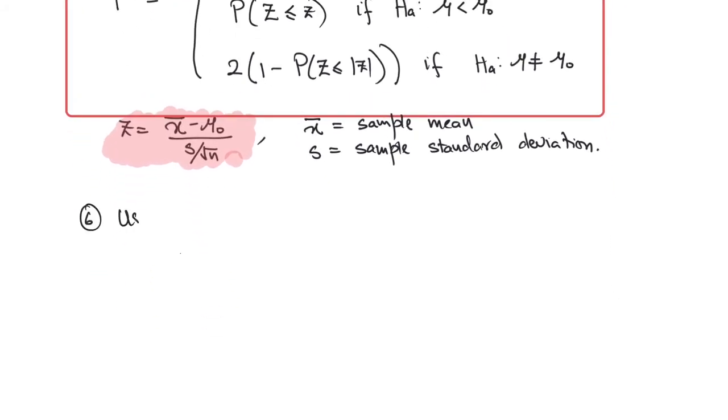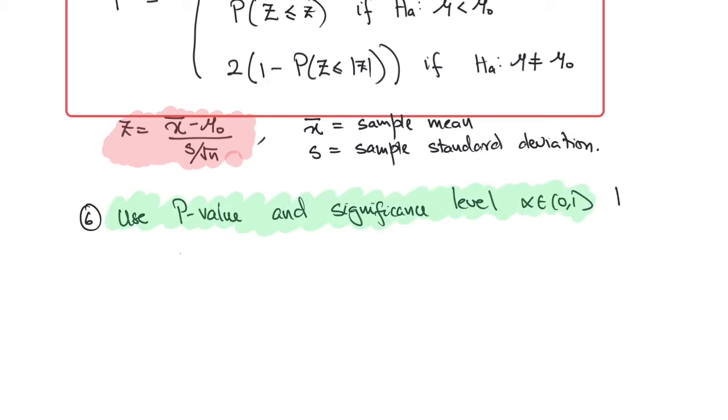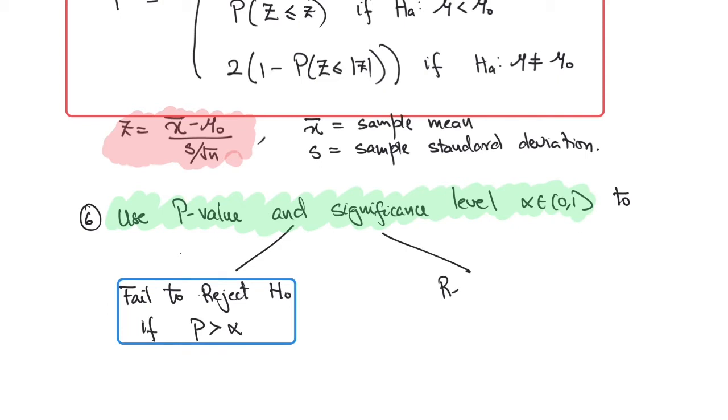Now we can use the p-value and the significance level alpha to arrive at our test decision. We could either fail to reject H0, which will happen if the p-value is greater than alpha, or we reject H0 if the p-value is less than or equal to alpha.